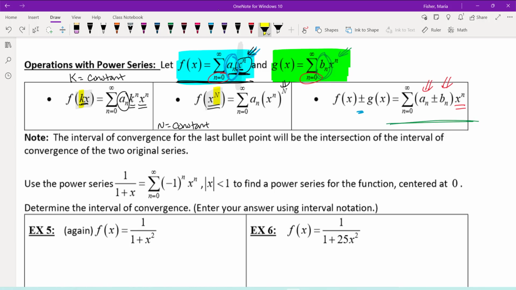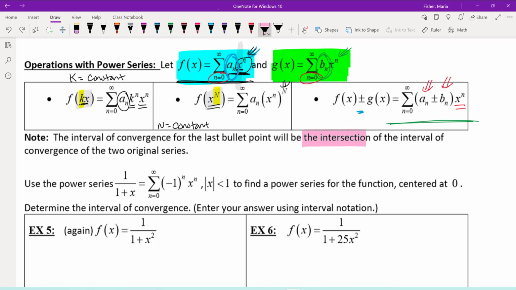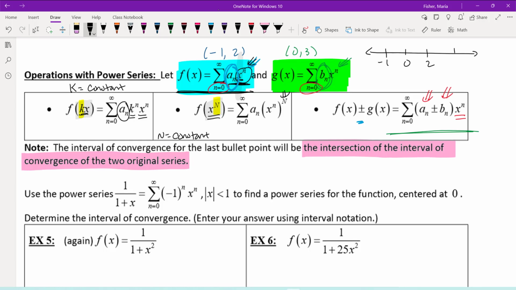Now the interval of convergence for this last bullet point is different. What it's going to be is the intersection of the intervals of convergence of the two original series. What I mean by that is if the interval of convergence for f was, let's say, from negative 1 to 2, and the interval of convergence for g was from 0 to 3, you could think of it as a number line here. Negative 1, here's 0, here's 2, and here's 3.